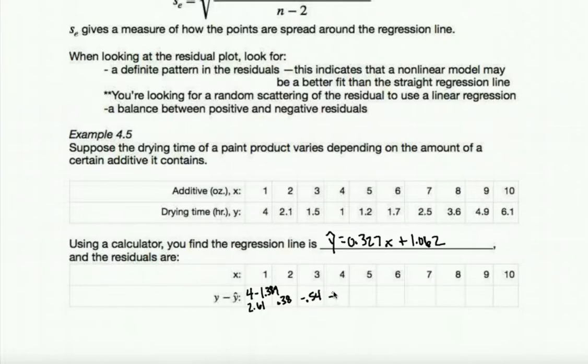For 4, you should get negative 1.37. For 5, negative 1.5. For 6, negative 1.32. For 7, negative 0.85. For 8, negative 0.08. For 9, you should get positive 0.89. And for 10, you should get 1.77.